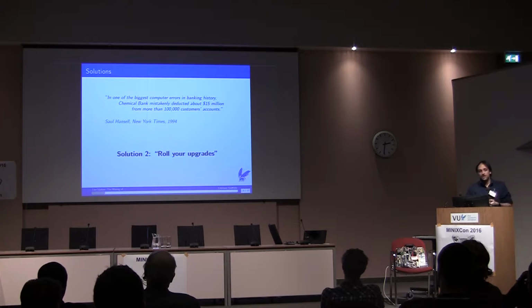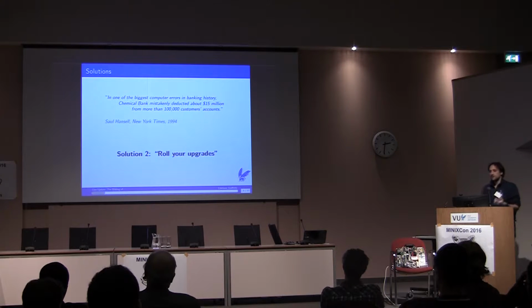Solution two is what we call roll your upgrades, okay? So this is also in widespread adoption. You can simply replicate your software installation across several machines, and then when there's an update, you can bump each machine to the new version until the system is globally updated.